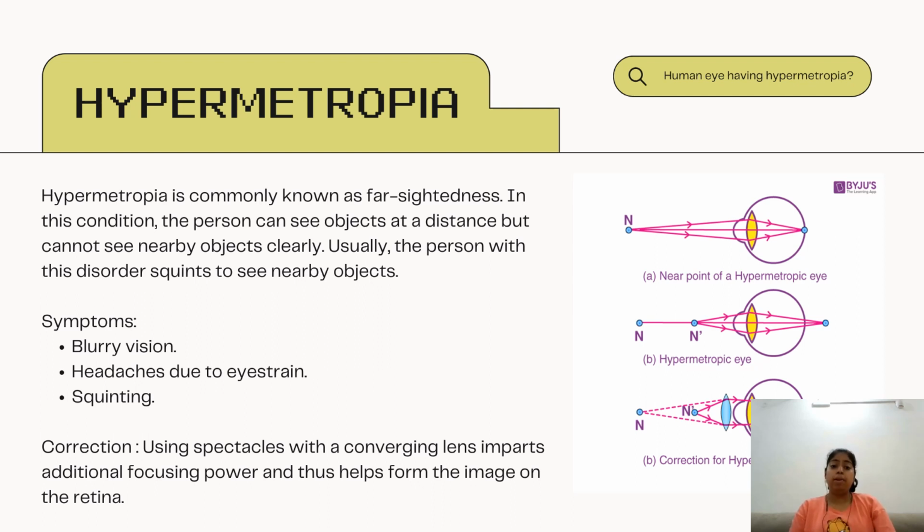Symptoms of hypermetropia are blurry vision, headaches due to eye strain, and squinting of eyes. Correction for hypermetropia is using spectacles with a converging lens, imparting additional focusing power and thus helping form the image on the retina.